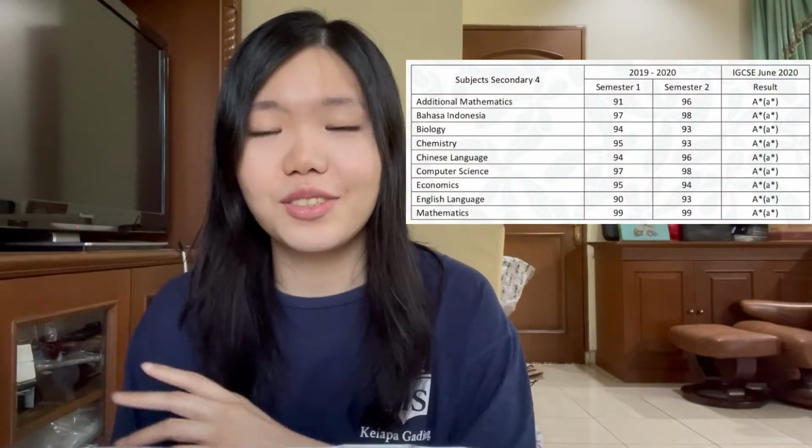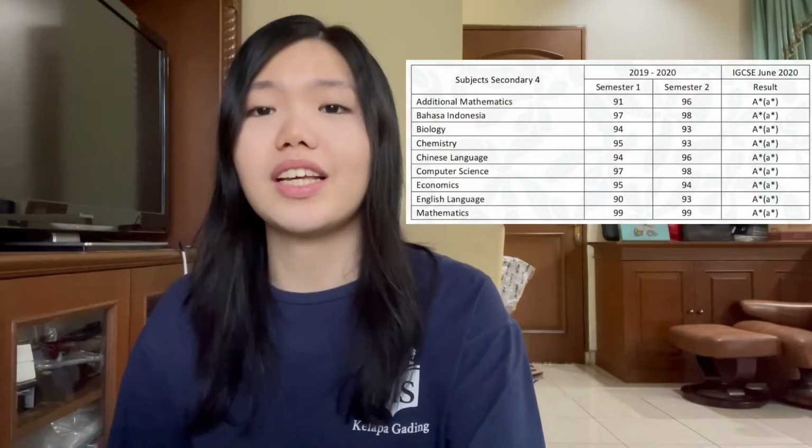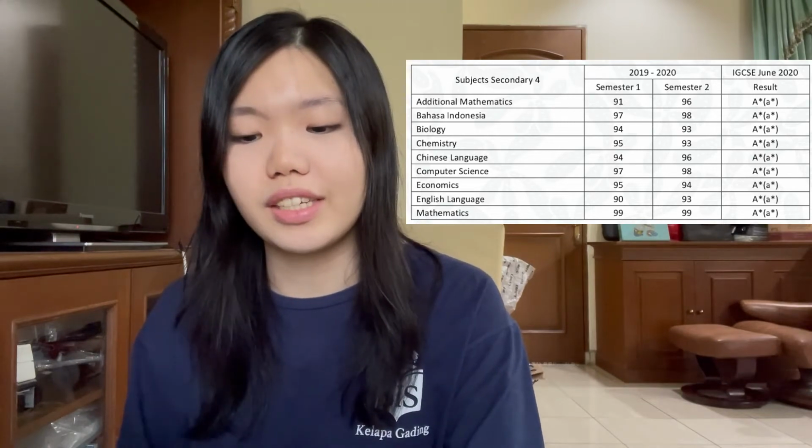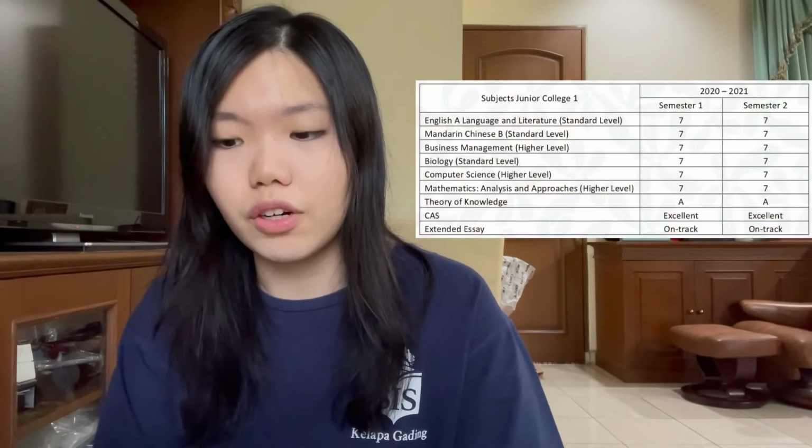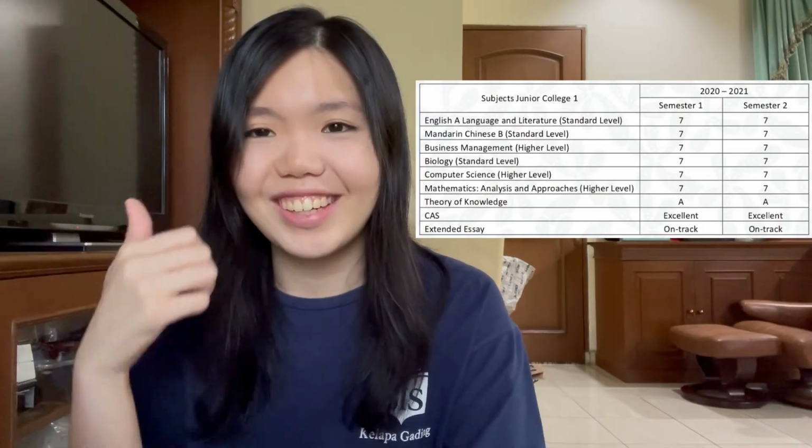As you can see in here, I got straight A stars for my school grades as well as my IGCSE. And for my IGCSE, if you're wondering why there aren't any numerical grades in there, that's because my exams got cancelled because of COVID. For junior college 1, I got straight 7s for both semesters, so it was really cool.